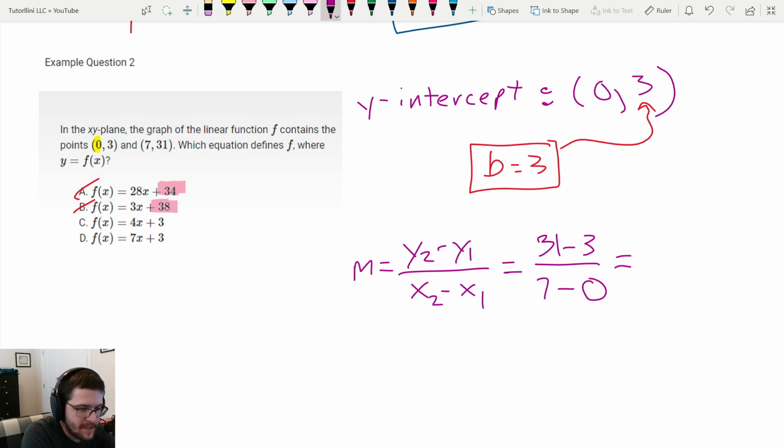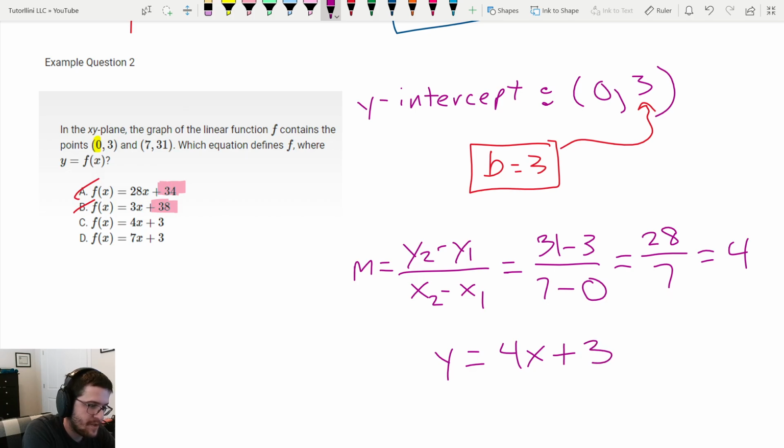And that gives me 28 over 7, which is 4. So the slope is 4. So the equation is y equals 4x plus 3 if we're using, again, mx plus b.